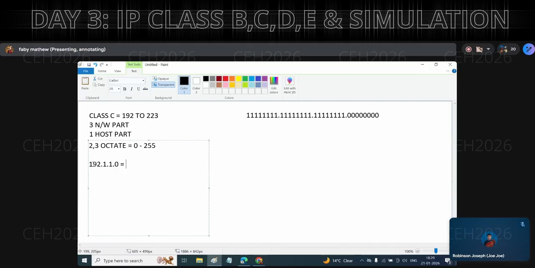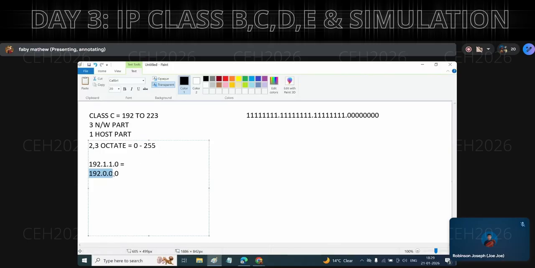So if any particular address whose host part is 0, it is not like that. Suppose I am taking one more example: 192.0.0.0. We are not actually calculating whether the value in these octets is 0 or 255. We do not have any problem, because these particular octets belong to the network part.